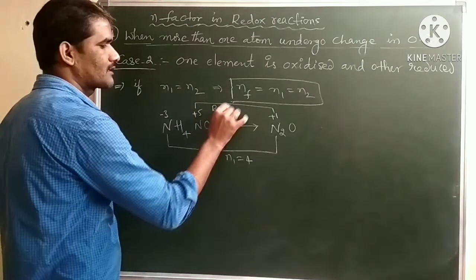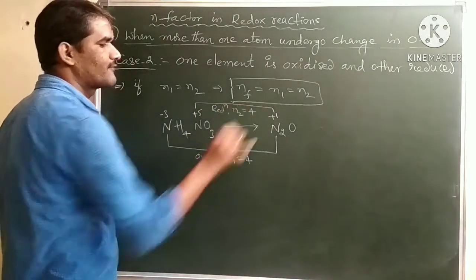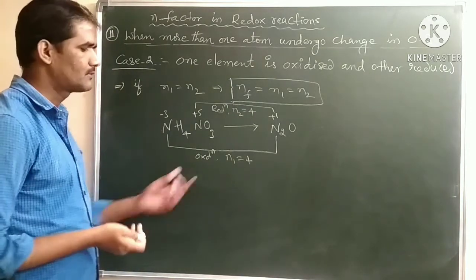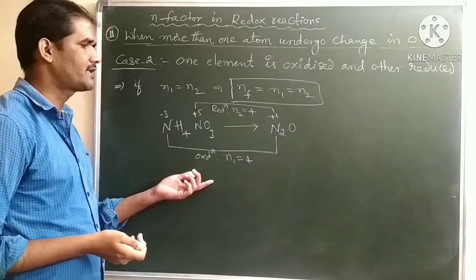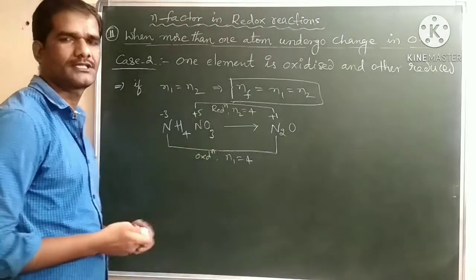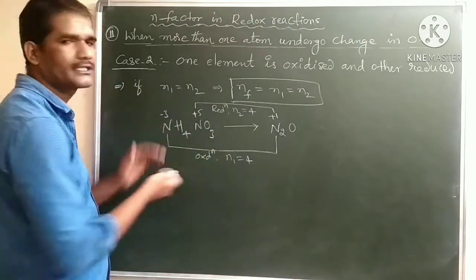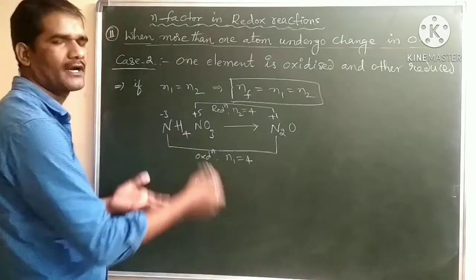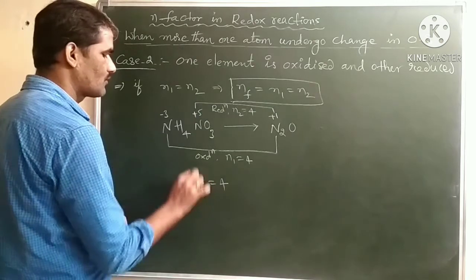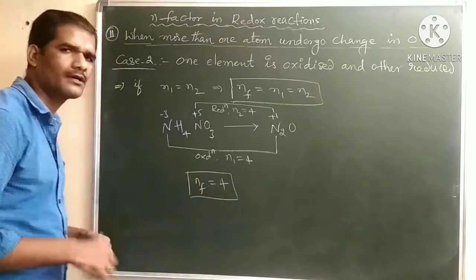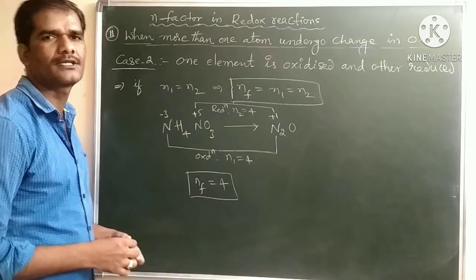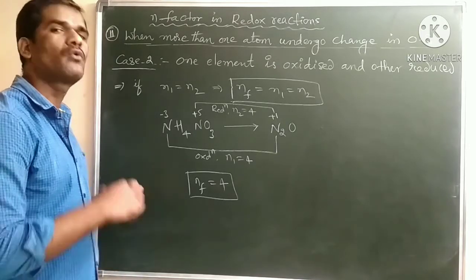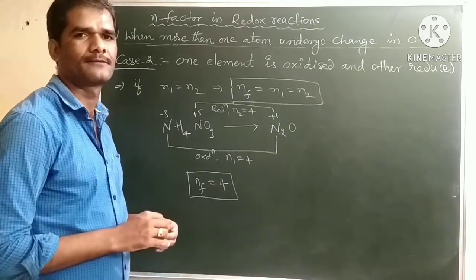Then n factor again 4, from +1 to +5. Then what is the overall? In both cases, the decrease in oxidation state and the increase in oxidation state are the same. If both are the same, in that case you have to take the resultant n factor as the n factor of that molecule, that is 4 only. Either you can take the oxidation species or the reduction species, that will give its n factor. It means overall electron transfer here.